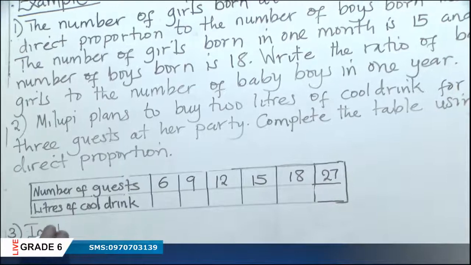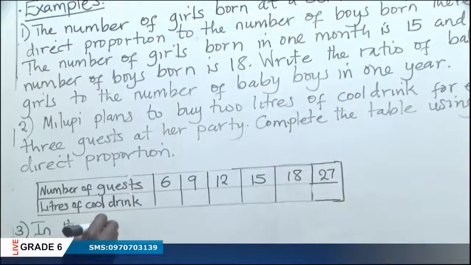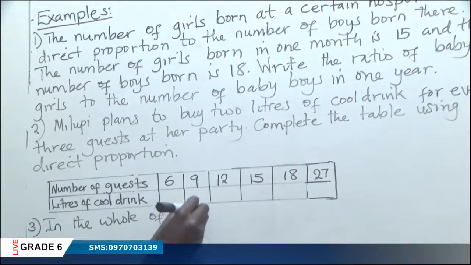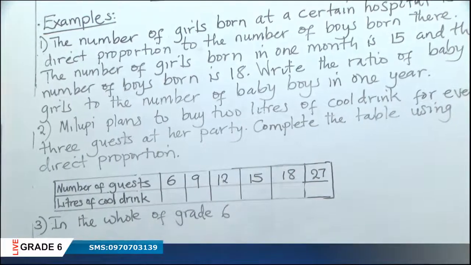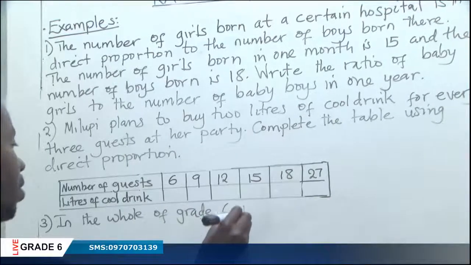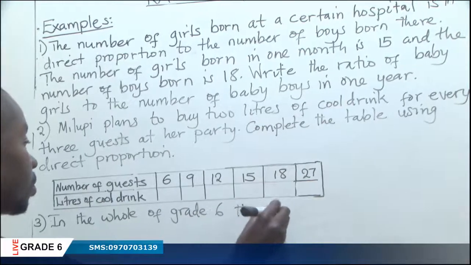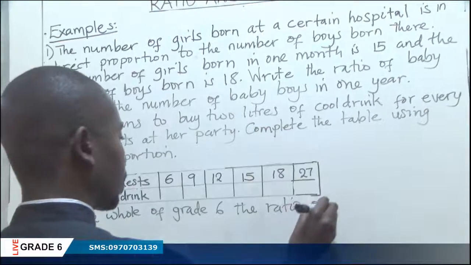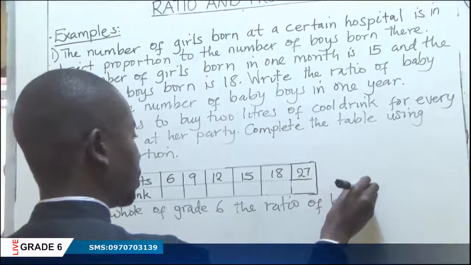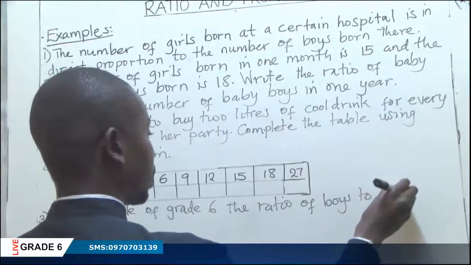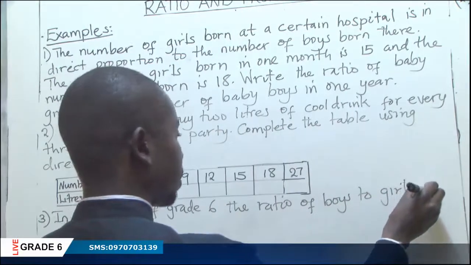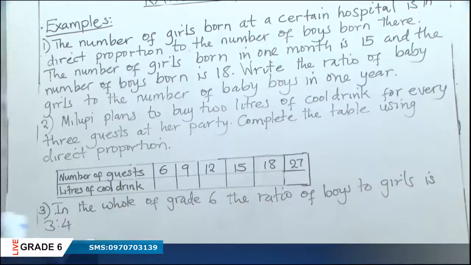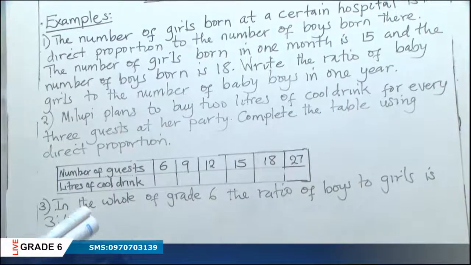Okay, we go to the last example for today, which is in the whole of grade 6, the ratio of boys to girls is 3:4.